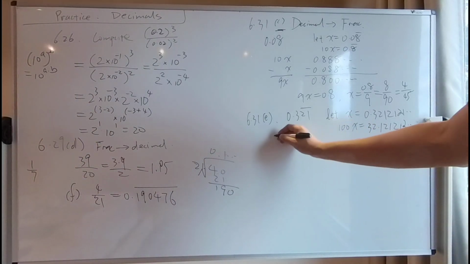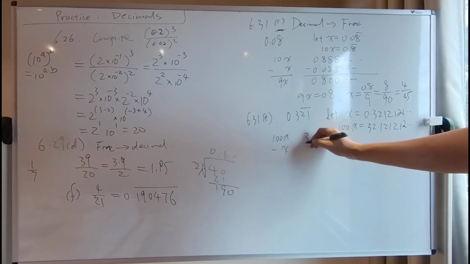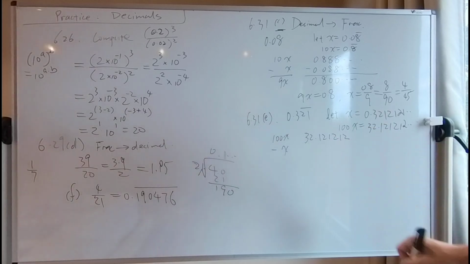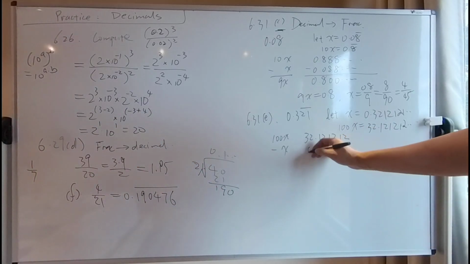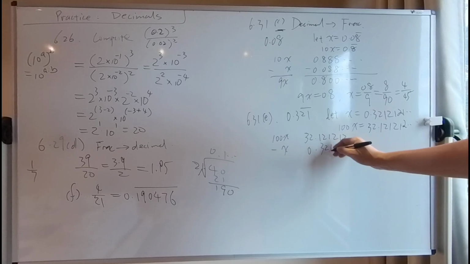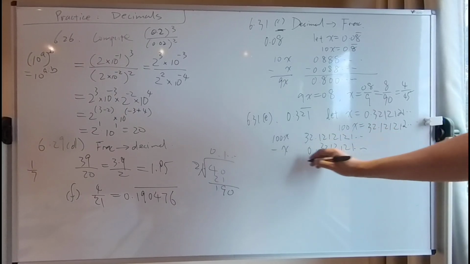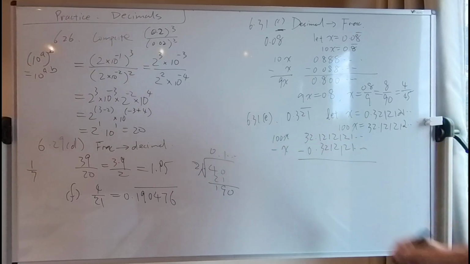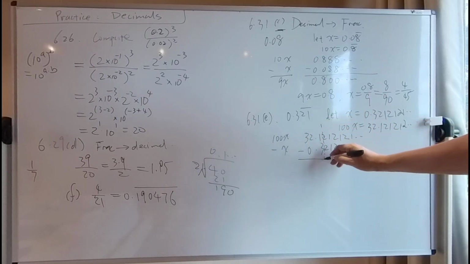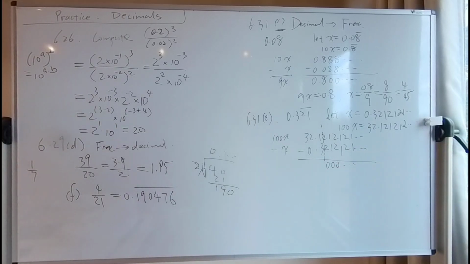Now, how about the subtraction? 100x minus x: 100x is 32.121212, and x is 0.32121212. Keep going, right? Then the subtraction starts from these digits to give you all repeating zeros to the end.